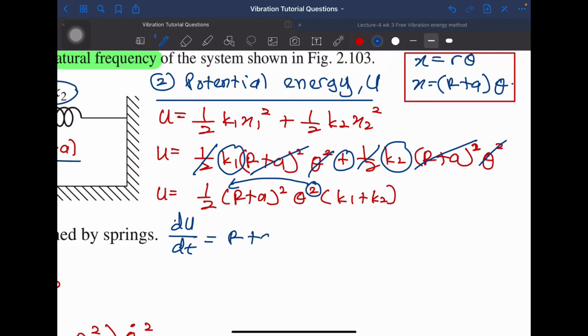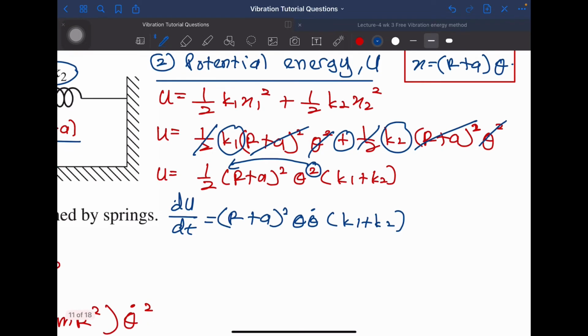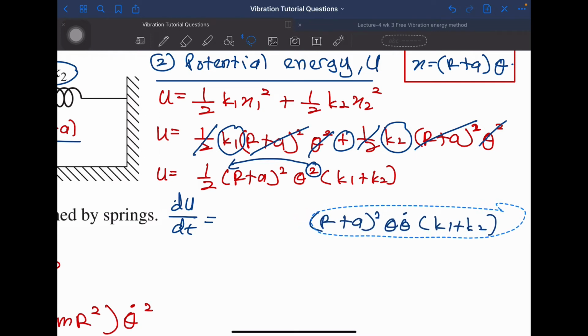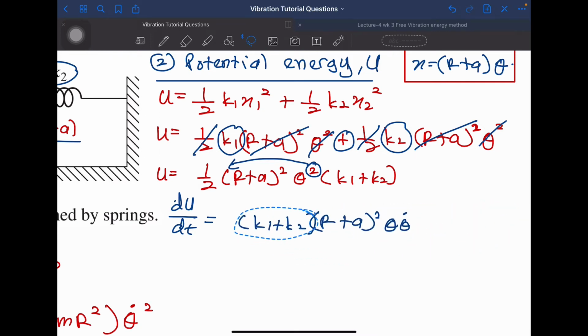We'll be left with (r plus a) squared theta, and then differentiate again the theta. For chain rule, you'll get theta dot, K1 plus K2. Or I'm just going to bring theta to the front, easier that way. Bring the K1 and K2 to the front, theta to the back. Okay, done.